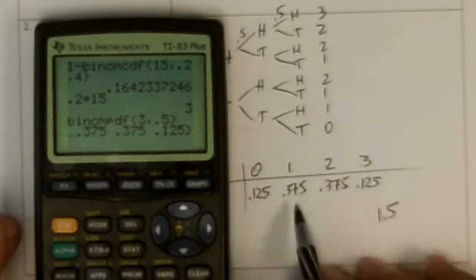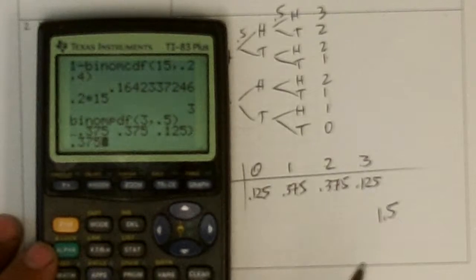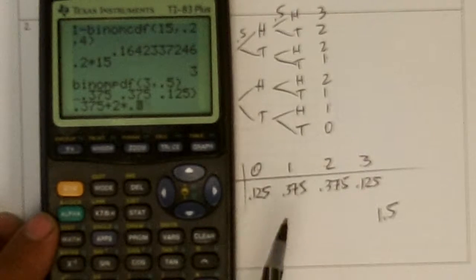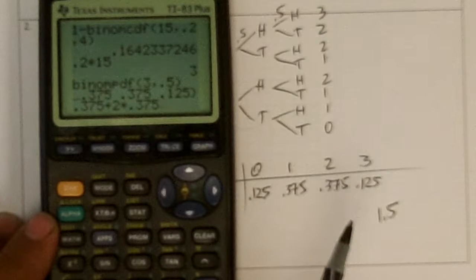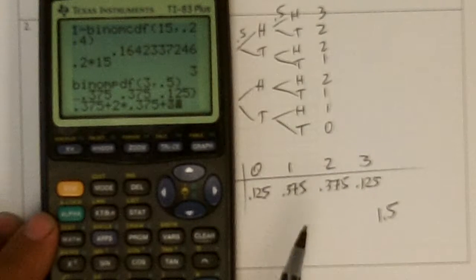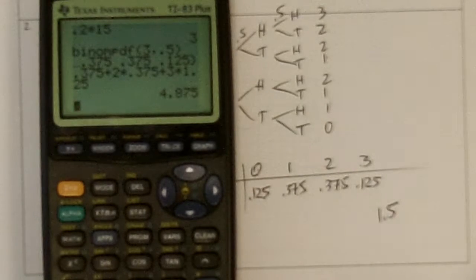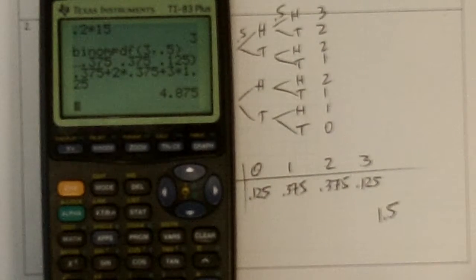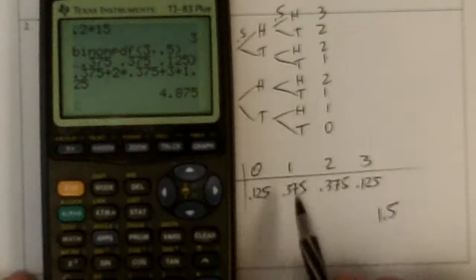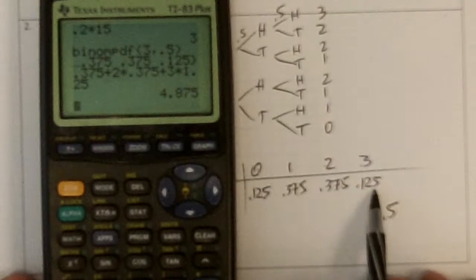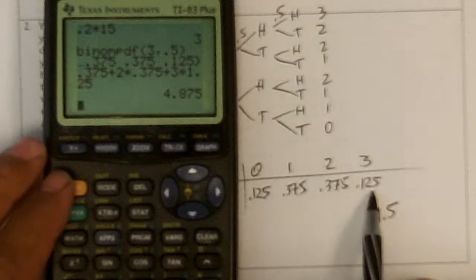0 times that's nothing. That's going to be 0.375 plus 2 times 0.375 plus 3 times... what did I do wrong? 0.375 times 2 plus, oh, 3 times, I did 1.25.